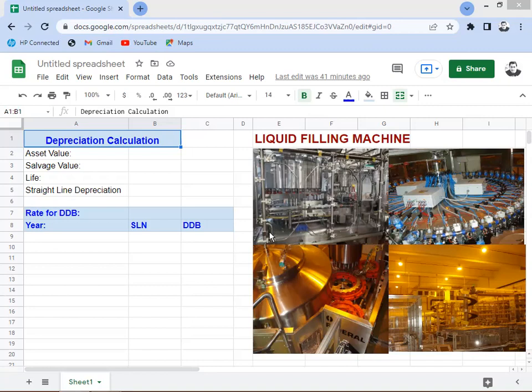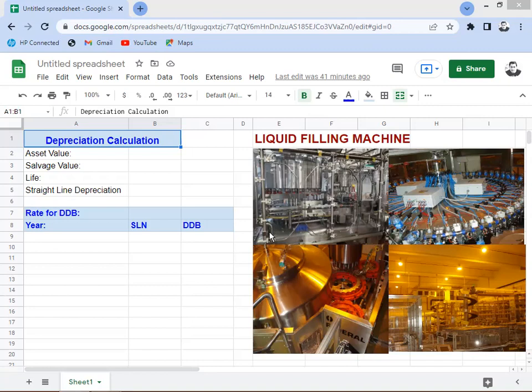And this is a state of the art machine utilized or operated in a manufacturing plant, for example a food manufacturing plant producing liquids like juices and many other products. So there are two ways of doing the depreciation calculations.